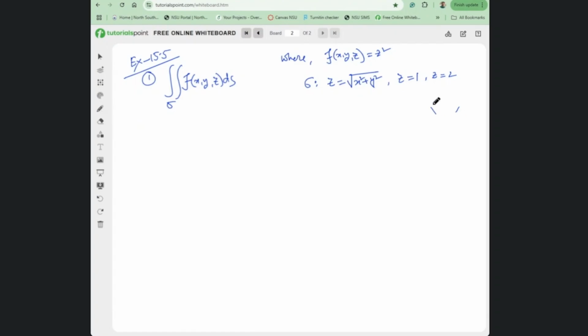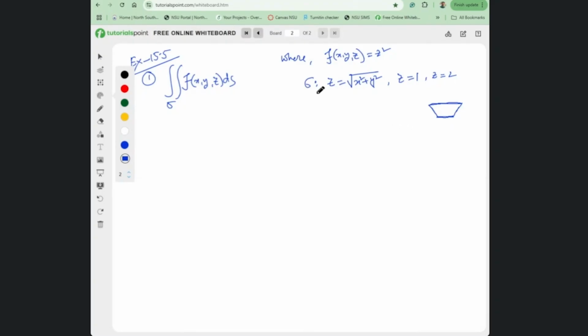So finally what we have is a portion like this. Over this surface, we need to calculate the surface integral.